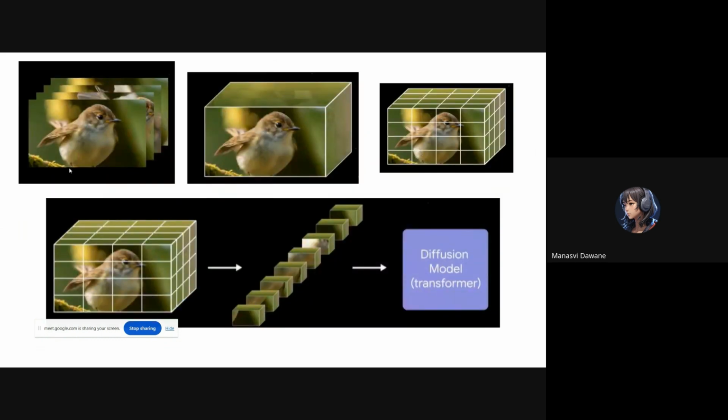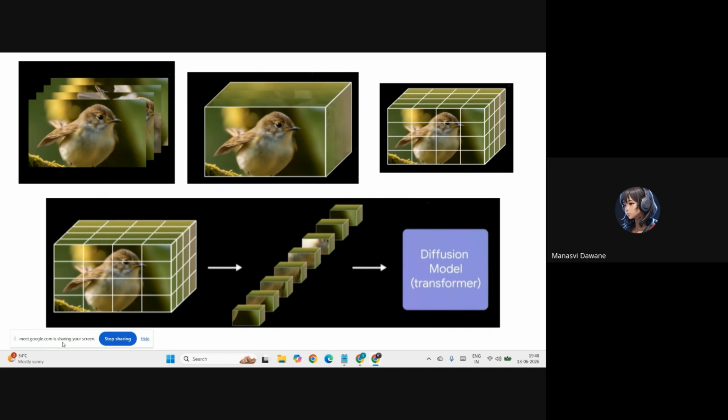So how is it solved? The images we saw before are just a collection of individual images. Since these are just a collection of images, we can think of them as a 3D matrix or a 3D cube.